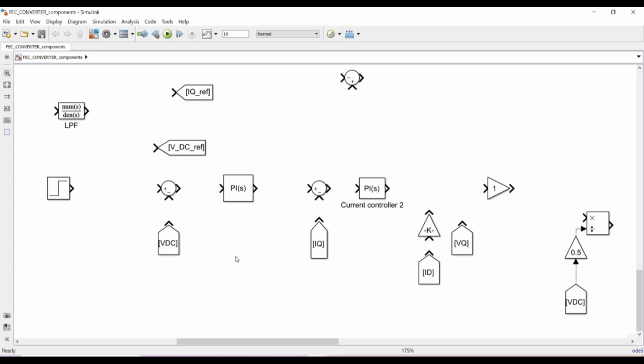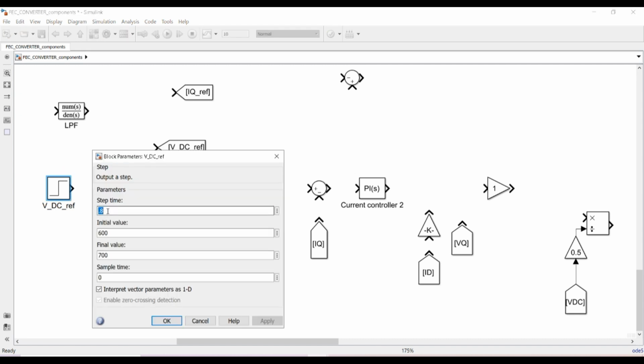So now we will make the Q axis PI controller. So this is our VD reference. So I will be putting VDC reference. So I have taken a step, and I will give this step voltage from 600 to 700 volt, and it will be a jump at 1 second.